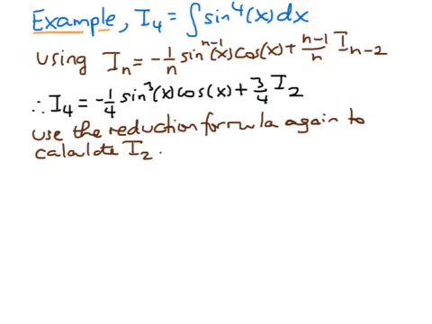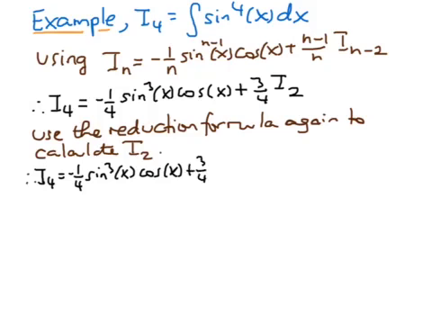So rather than writing out a separate equation and then substituting it into here, I'm going to carry on with this equation and just write out this term explicitly. So therefore what we have is the following. I4 is minus 1/4 sine cubed of x times the cosine of x plus 3/4.